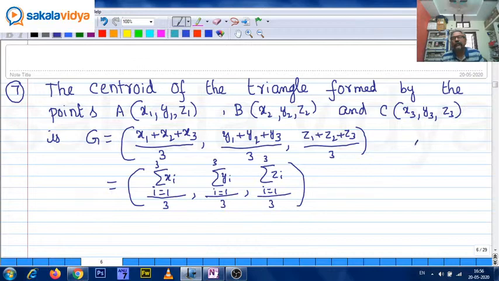Understood now? For example, if you take triangle ABC, in vector notation also we can find it out.